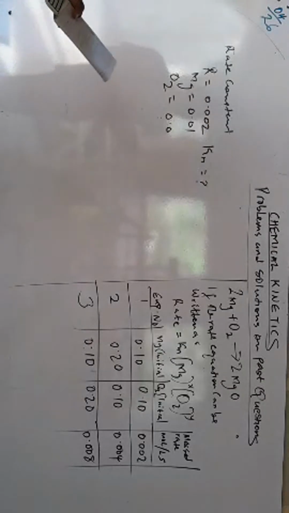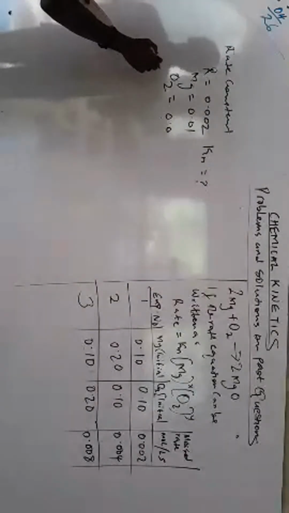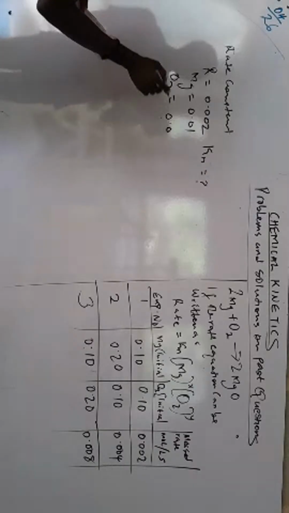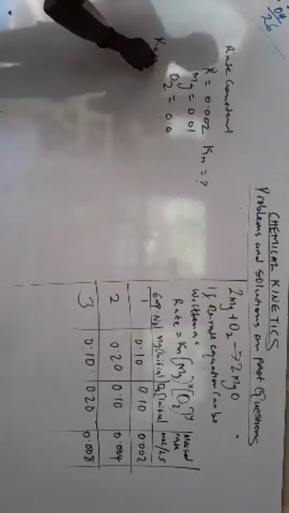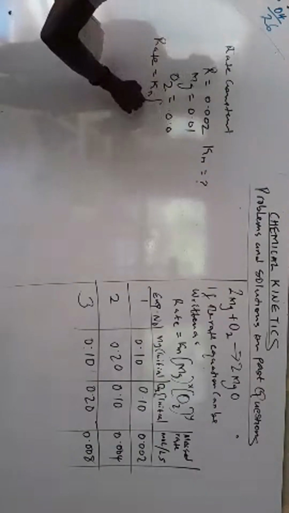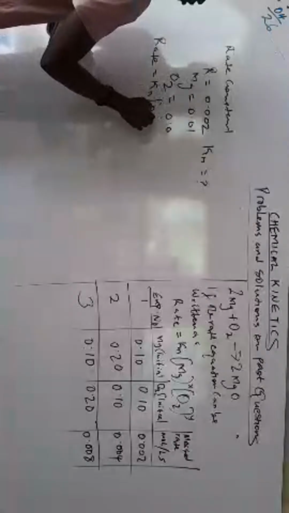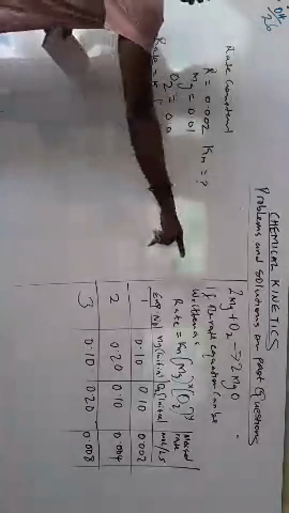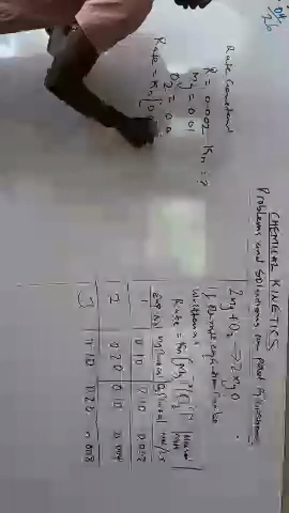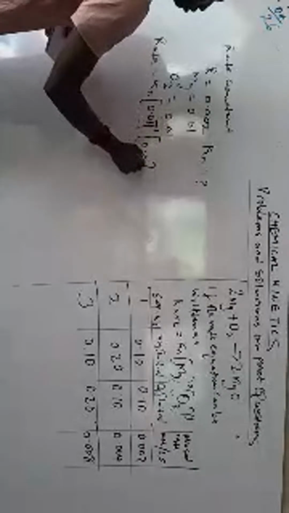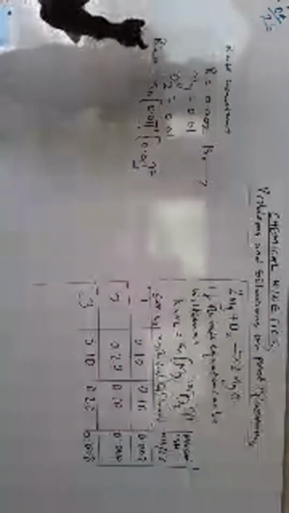Now, compute all of them as expected of you. What do you have? We're going to have the expression rate equals to Kn that we're actually looking for. Then our Mg in this place, we are going to have 0.01. Now, what is the order? The order is just 1 into brackets. Our O2 is also 0.01. What is the order of O2? That is 2. Now, our rate is this one here, 0.002 equals to Kn that we're looking for.